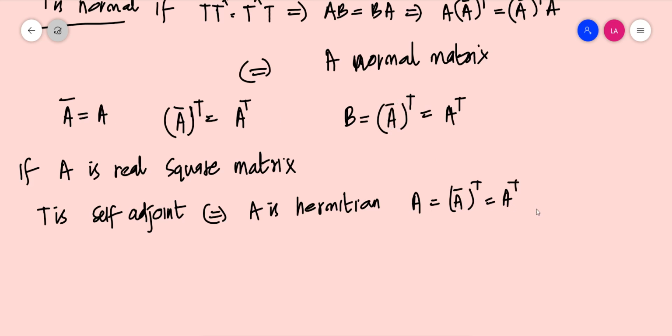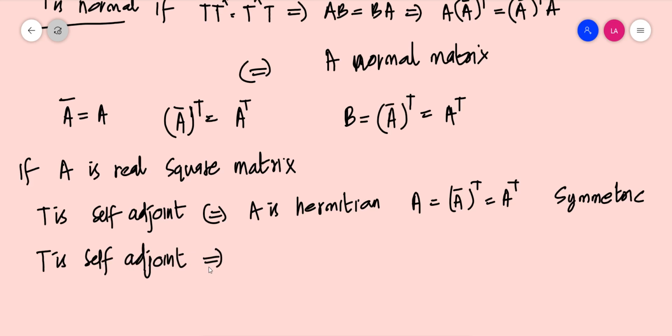And A is equal to A transpose, meaning the matrix is actually symmetric. So in the case of a real square matrix, T is self-adjoint if and only if A is symmetric.